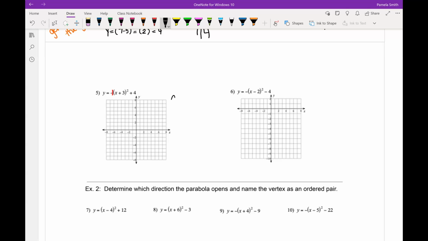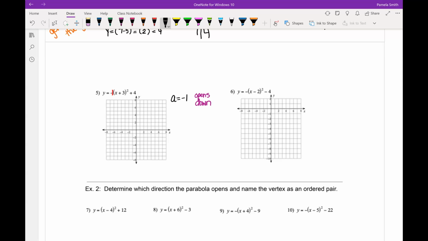So in this case, a would equal negative 1. So if a is negative, which direction will this open? Yeah, this opens down. And here's where we have x plus 3.